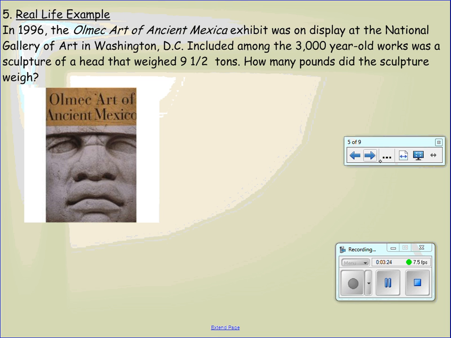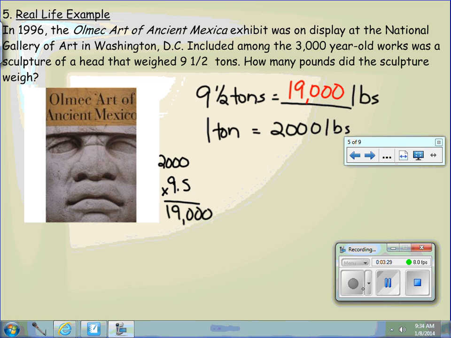How many pounds did this sculpture weigh? In the notes that you have, the first thing you do is write down what you know. The first step is to write down the problem. The problem is we have 9.5 tons. How many pounds is in that?